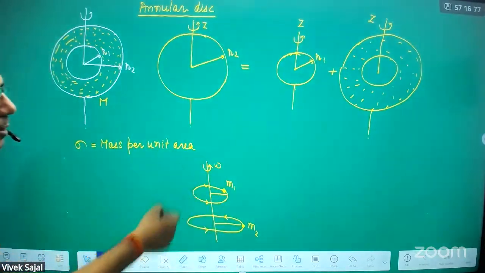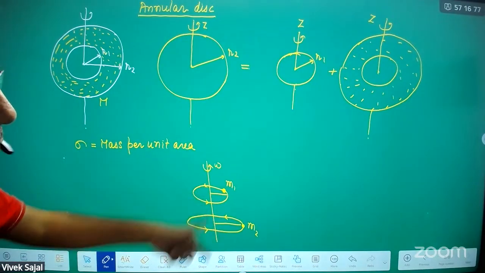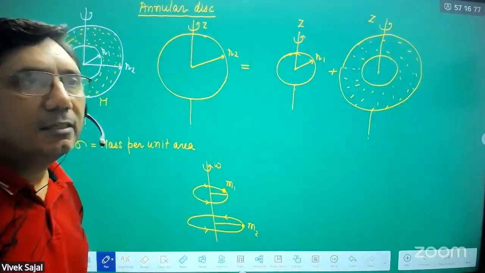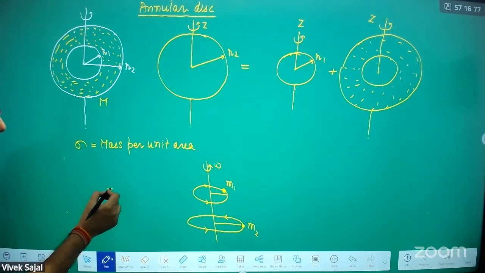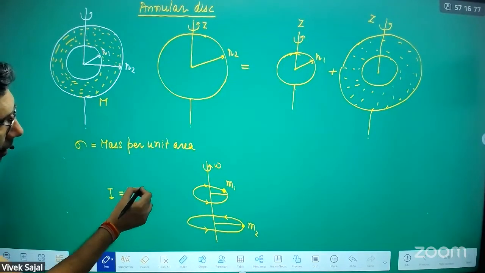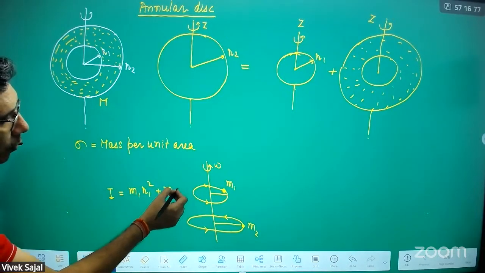So what will be the moment of inertia of this complete system? ये जो पूरा system है made up of two particles, both are rotating in the same direction with same angular frequency about the same axis. So what will be the moment of inertia of the system? That will be I. It will be how much? This will be M1 R1 square plus M2 R2 square.